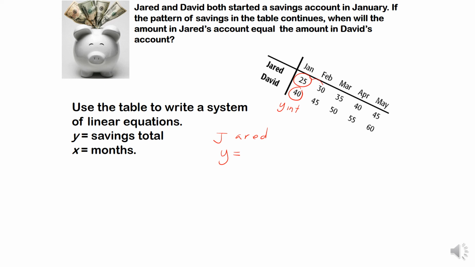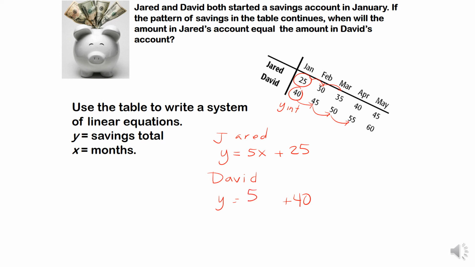Jared's adding $5. So y equals 5x plus he started with 25. And then we're going to look at David. David started with $40, so we're going to put the y-intercept down. And now we have to figure out how much he's adding. Oh, he's adding $5 too.